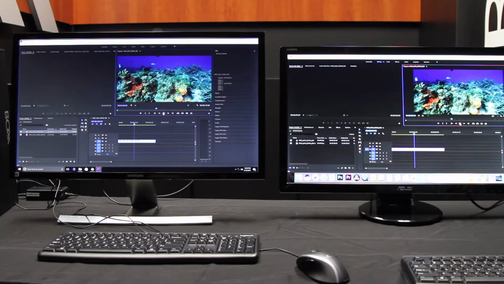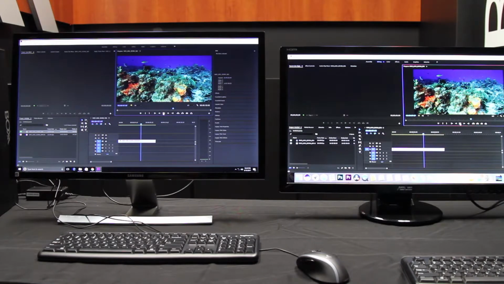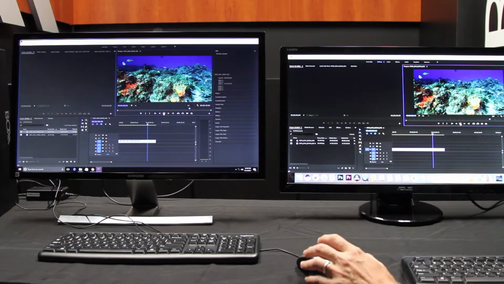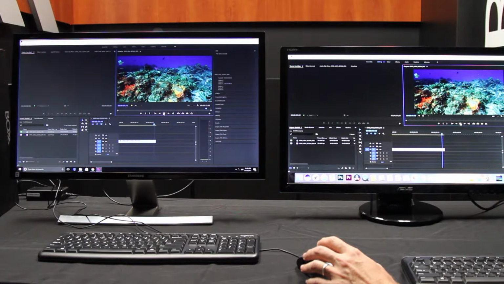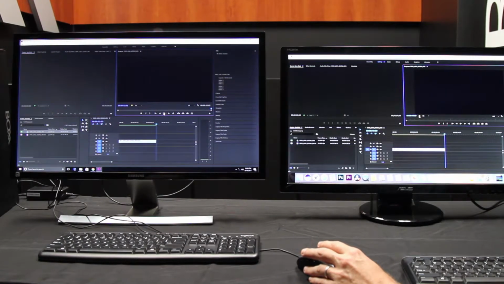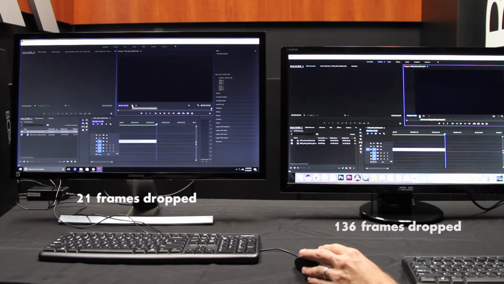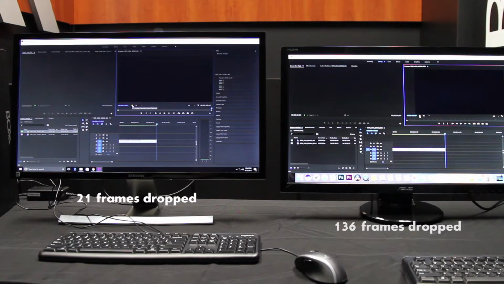Oh gosh, they both dropped frames at the same time. And that one dropped 136 frames, and that one only dropped 21 frames.